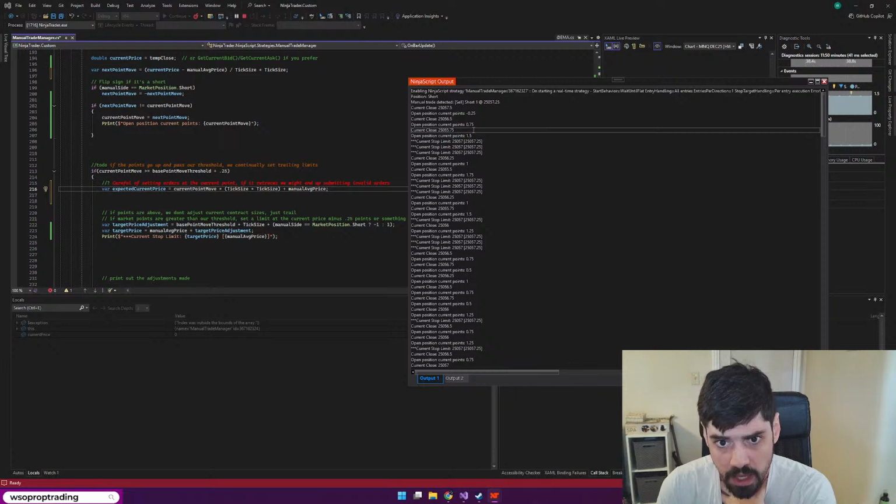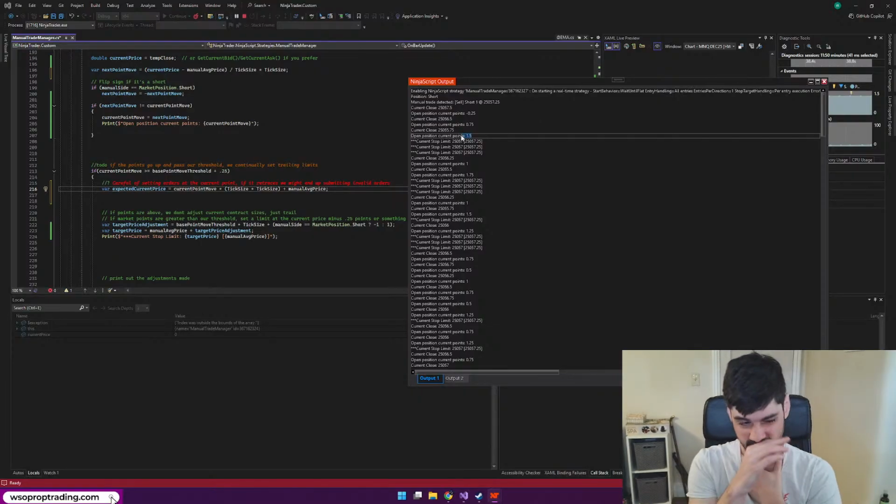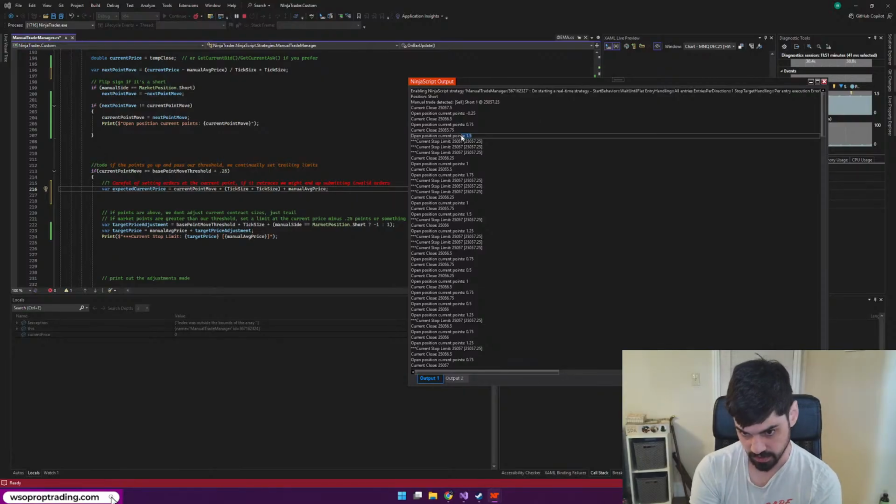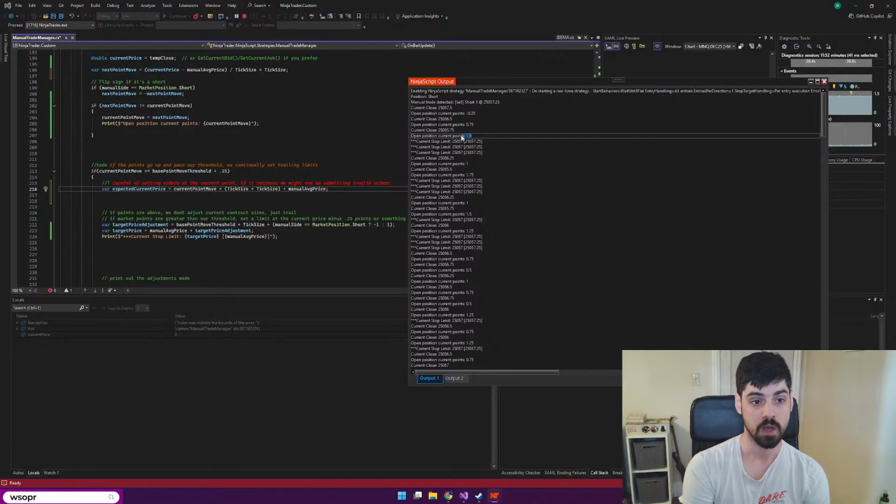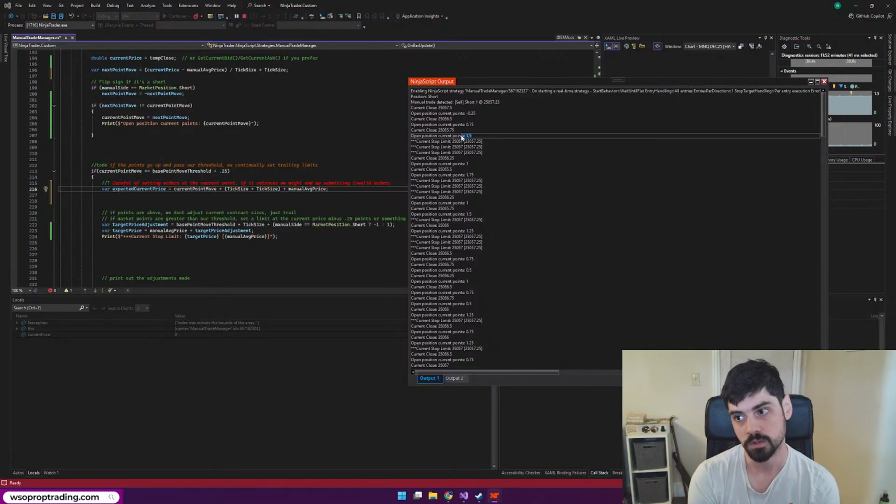It's not like we're always going to go from 1.0 to 1.25 to 1.5. The price might jump faster than that. So we can't operate under the assumption that we're always going to get the next point value. So the current price that we're at might not be the price we want to set our sells at.